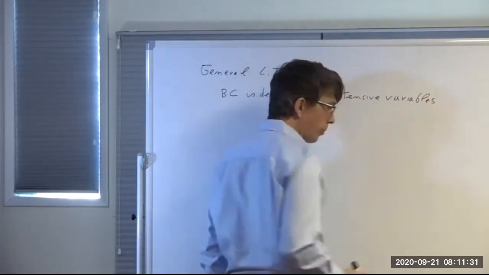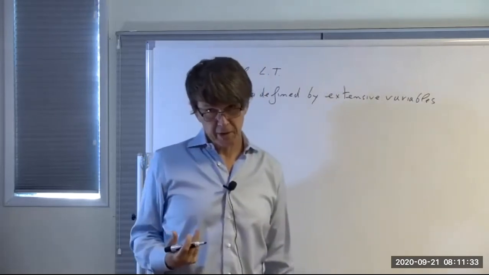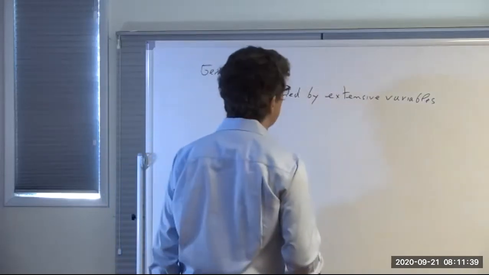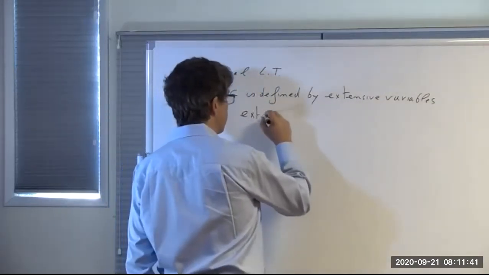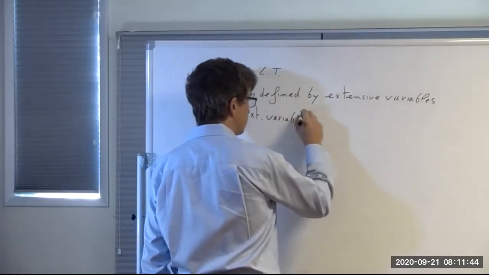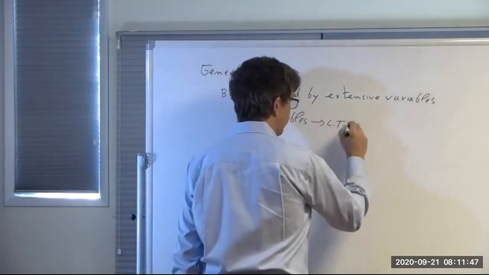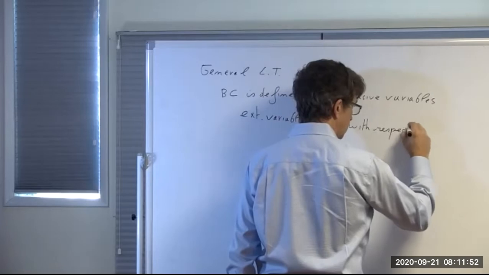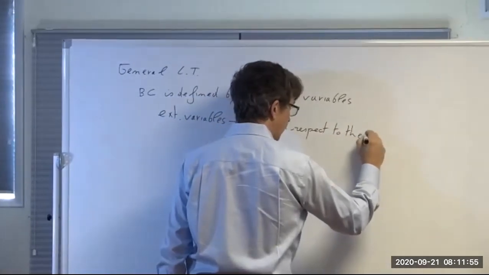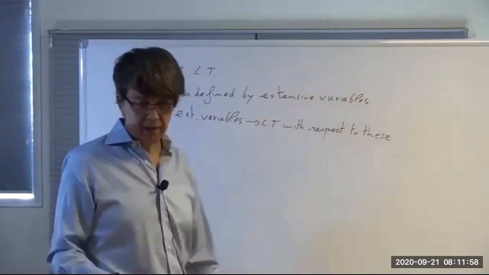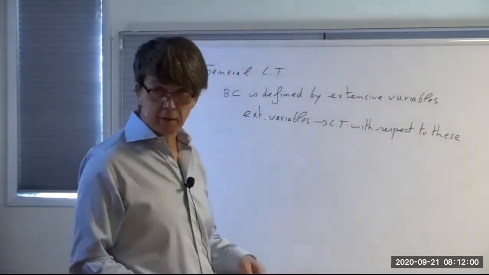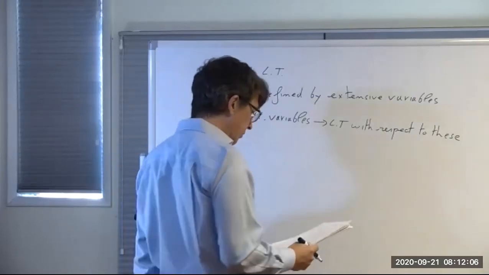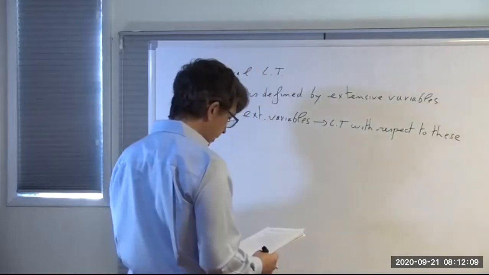So all you need to pay attention to is which extensive variables are constant and which are not constant. The extensive variables that are not constant, you Legendre transform with respect to these. And as I've pointed out, the reason you're doing that is because you're optimizing not just the energy of the system, but the energy of the system plus its potential in that environment in which that extensive variable can change.